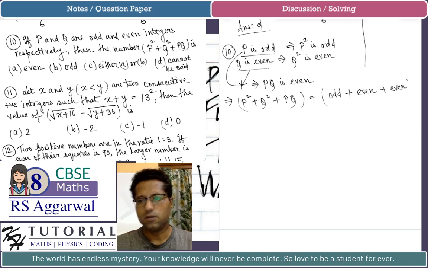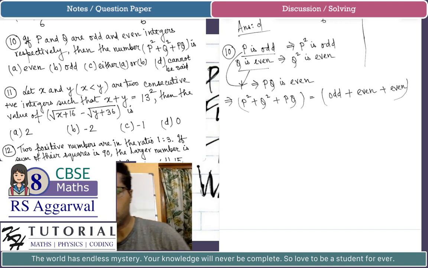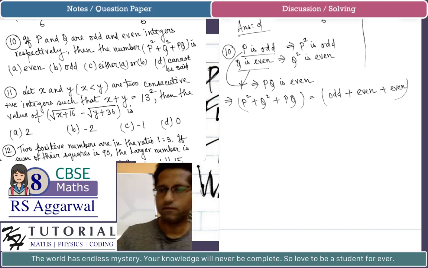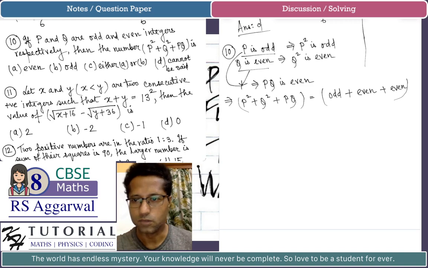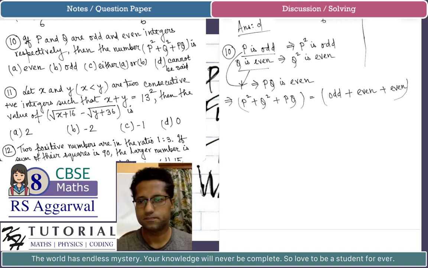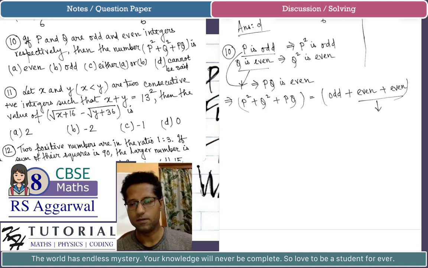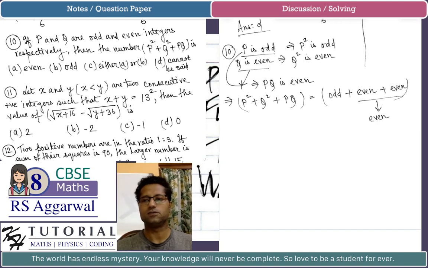Now we have to decide whether the sum of an odd integer plus an even integer plus an even integer is even or odd. The sum of two even integers is always an even integer.